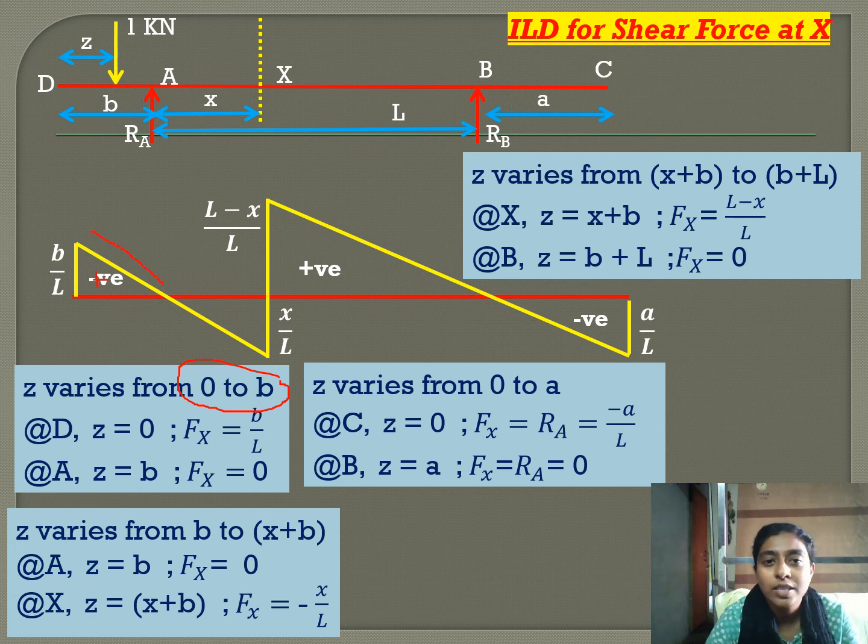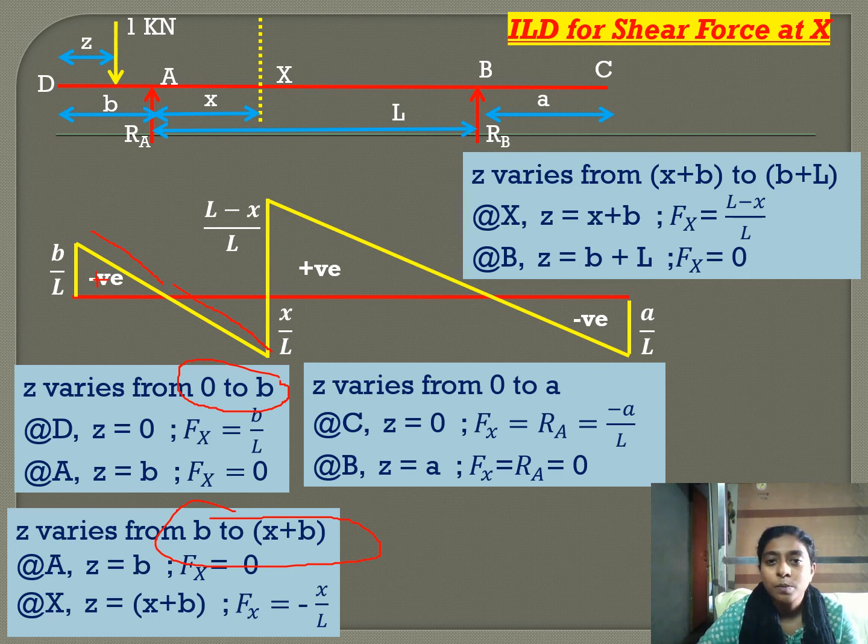When the unit load is in the portion AX, that is Z varying in the second part from B to X plus B, at A the shear force is equal to 0 and at X the shear force is equal to minus X by L. So from 0 to minus X by L.